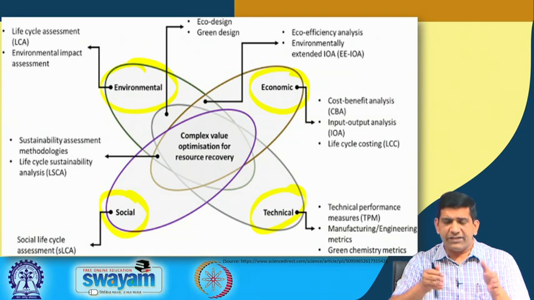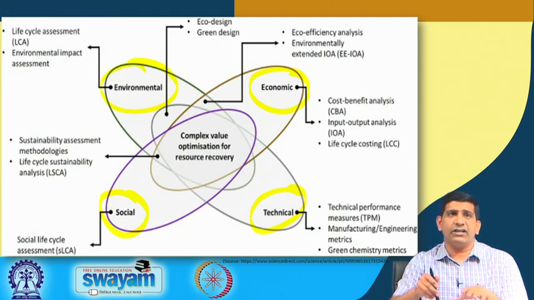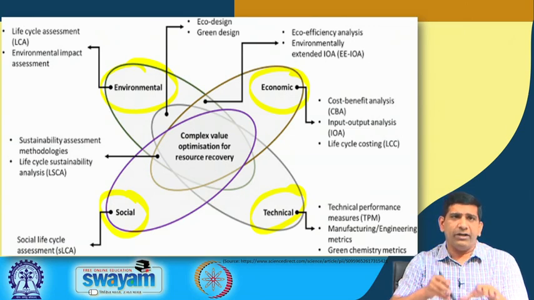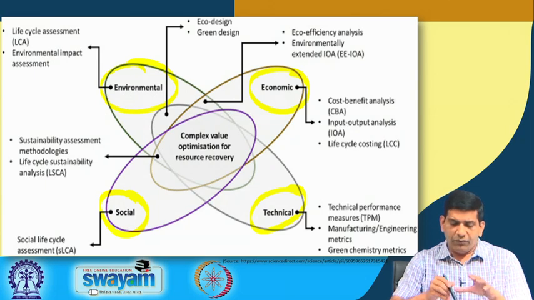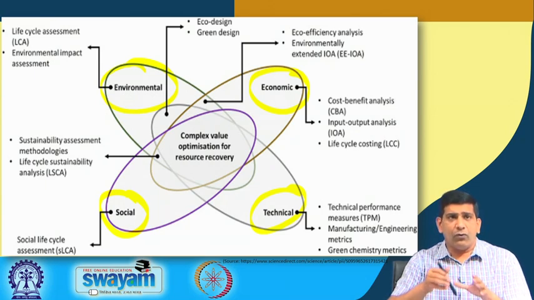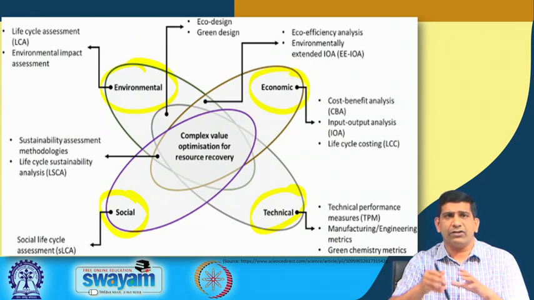In terms of these four broad areas, as you can see in this picture, we have economic and social, environmental and technical overlapping, and finally there is an area where all four are present: social, economic, environmental, technical.